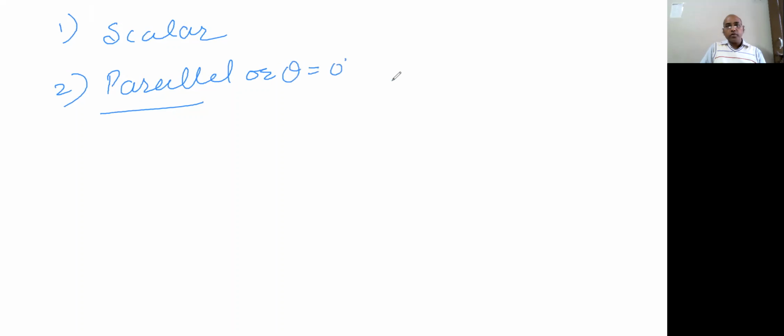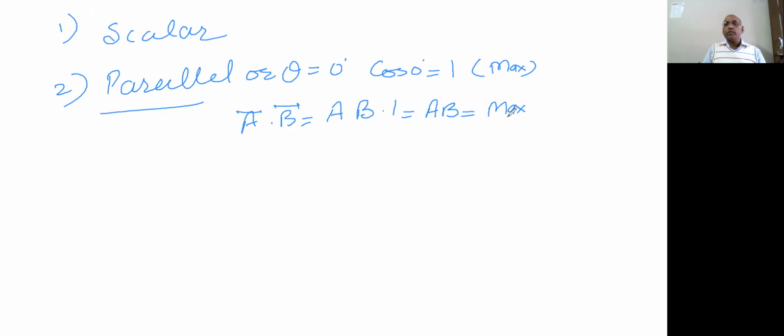Theta will be 0, and you know cos 0 is 1. It will have the maximum value, since cos cannot be greater than 1. So A dot B will be magnitude of A, magnitude of B, and cos theta, that is 1. So the dot product will be the product of magnitudes of vectors A and B. That is the maximum dot product of two vectors can be.